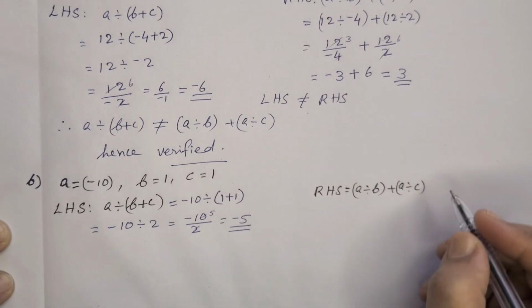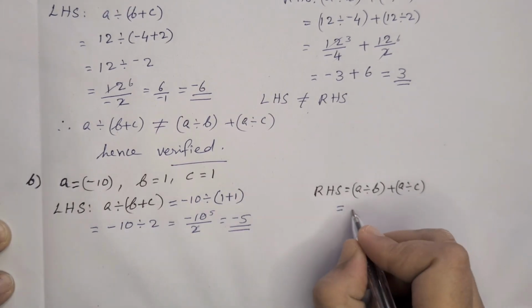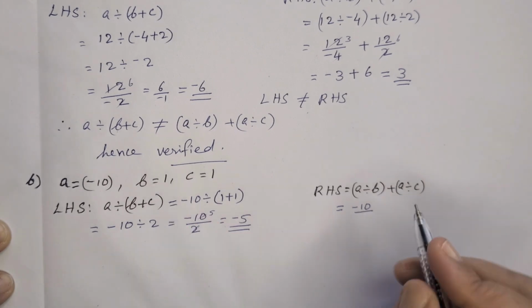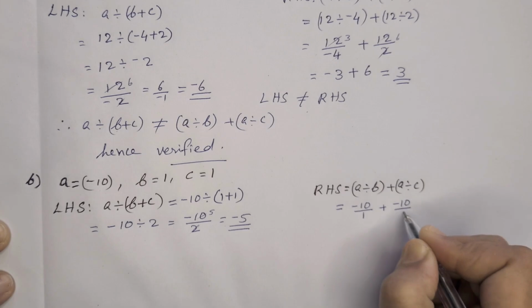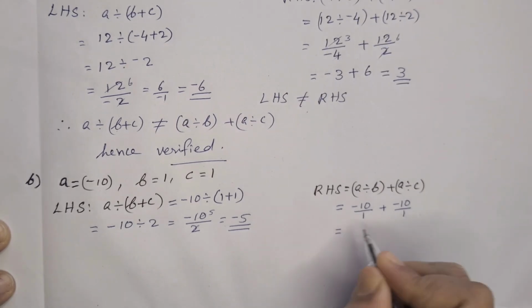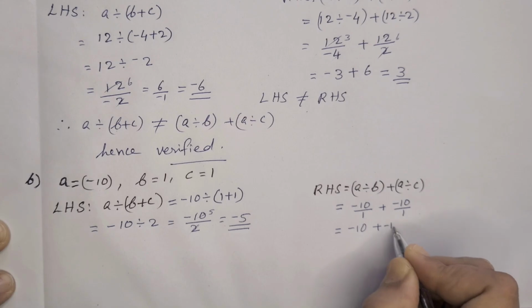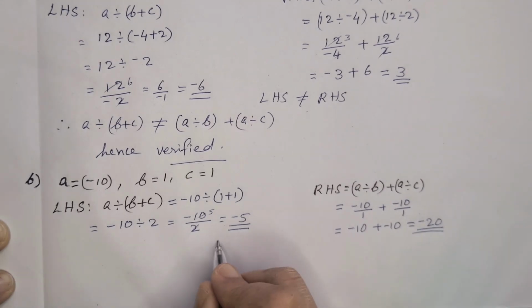Same way there on the RHS, in place of A, minus 10 divided by B, that is 1, plus A is again minus 10 by C, that is 1. So minus 10 by 1, minus 10. Again minus 10 by 1, minus 10. So when we are adding, minus 20.